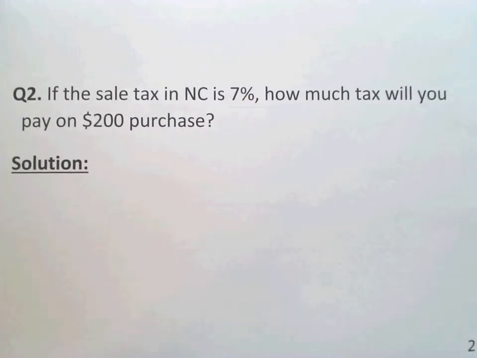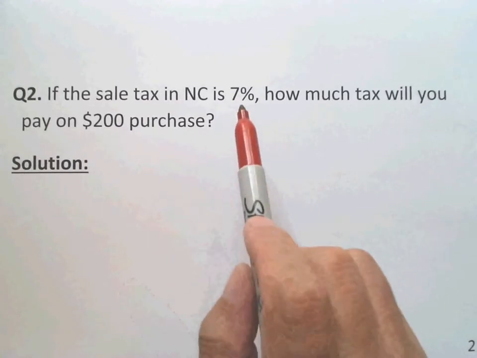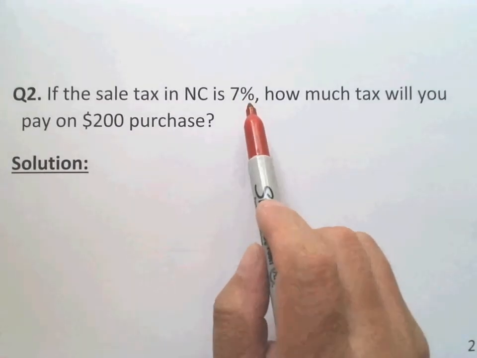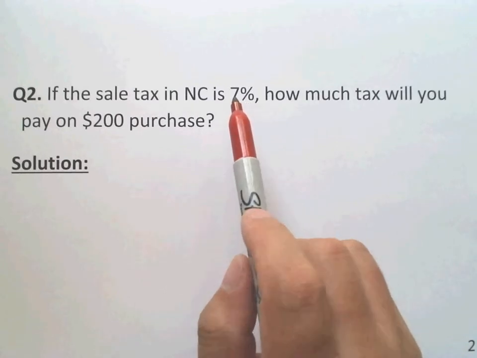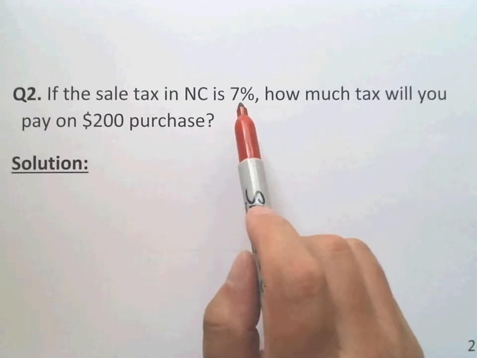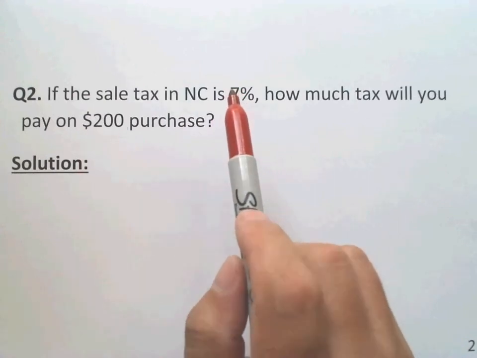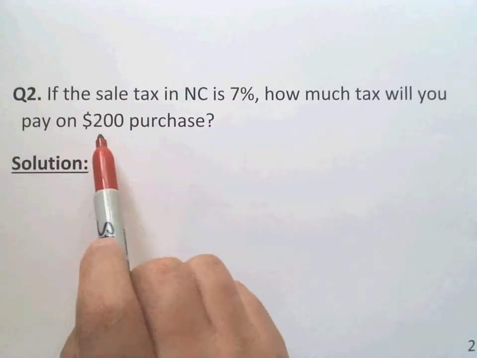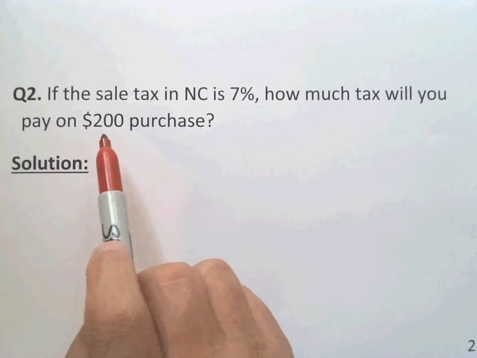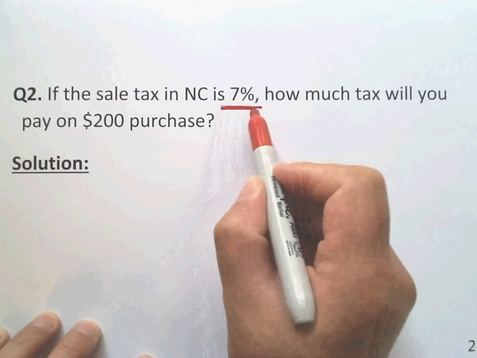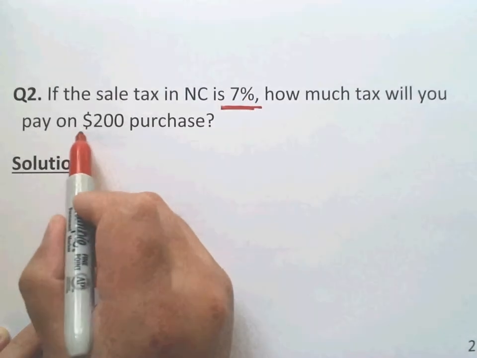The information is the percent, 7%, which means if we buy $100, we have to pay $7 of tax. Now we buy 200, so we have to pay 7% of 200, which means $14, right? All we need to do is take 7% out of $200.